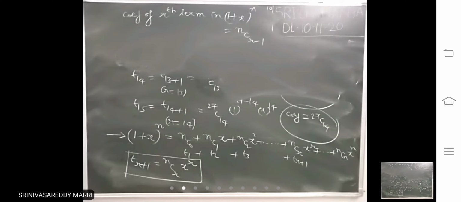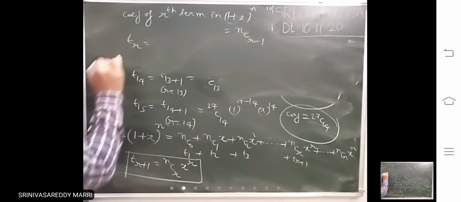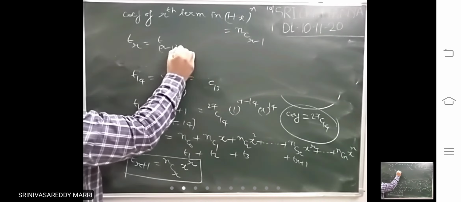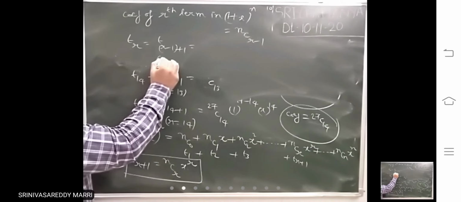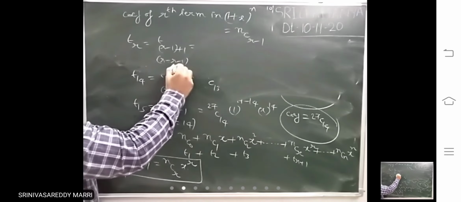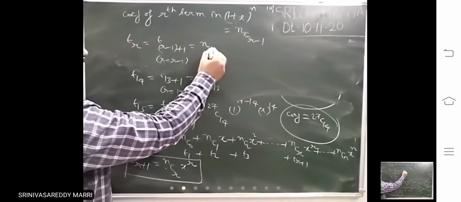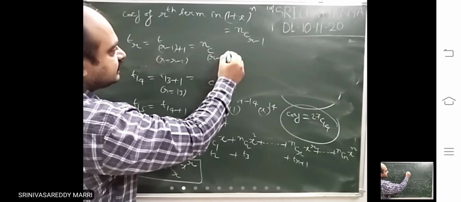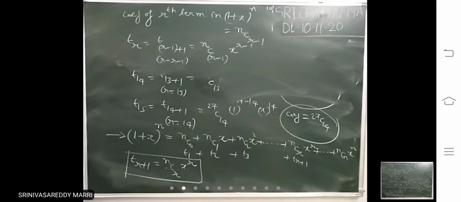Let us write the rth term Tr. The rth term can be written as T(r-1+1). The general term is nCr into x power r, so in place of r we replace r minus 1: nC(r-1) into x power r minus 1.